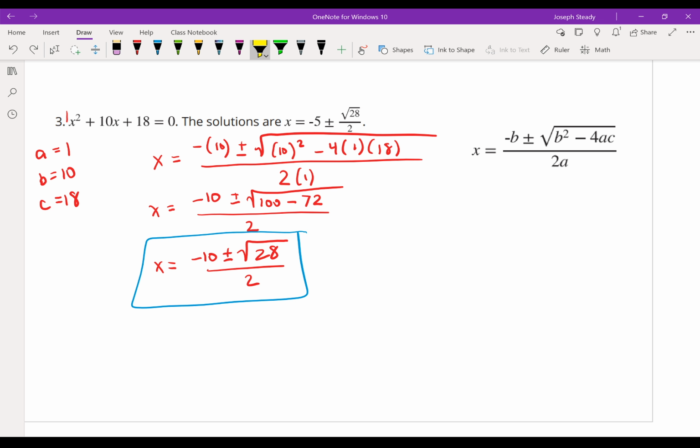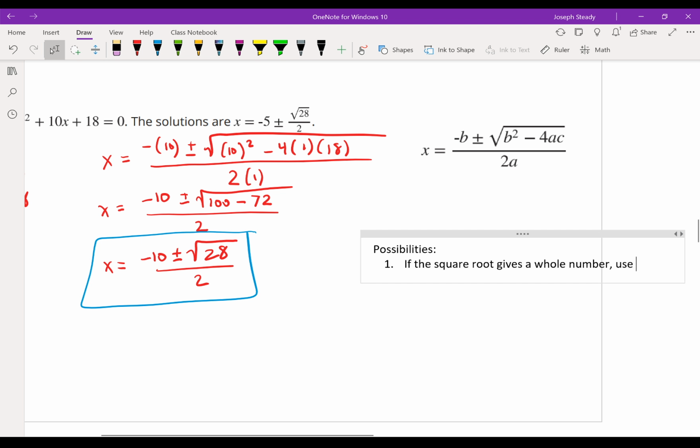Now to talk a little bit more about this idea, we have some possibilities here. The first possibility, which we already saw: if the square root gives a whole number, use it.